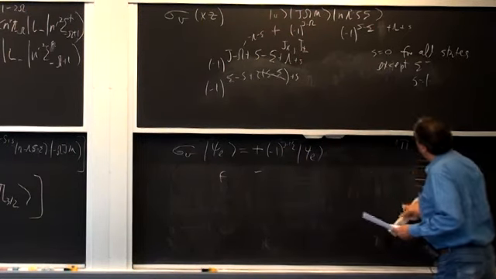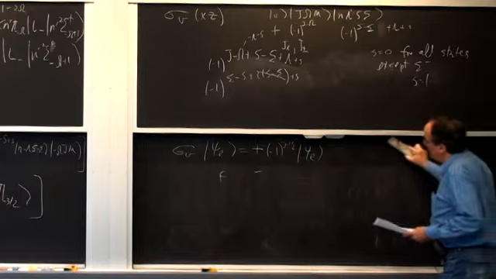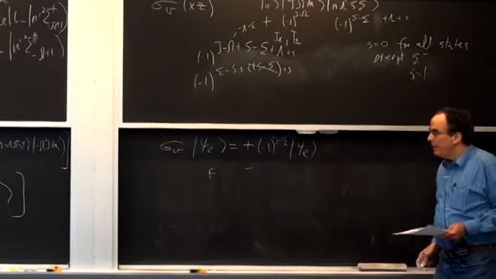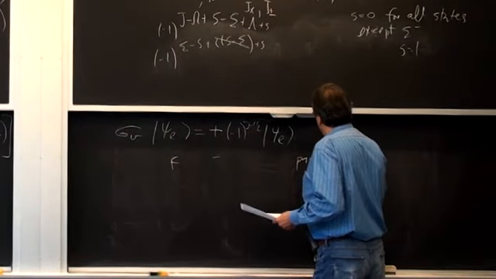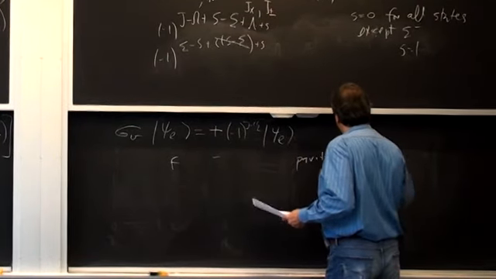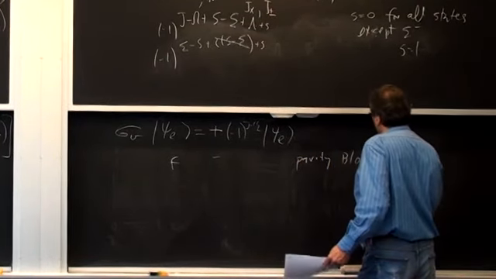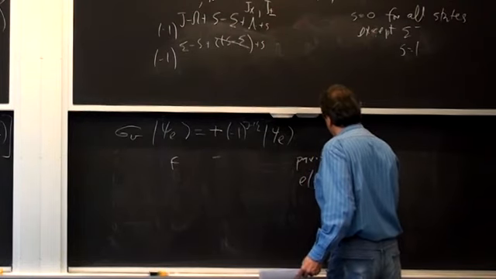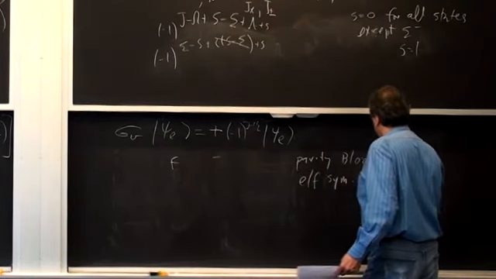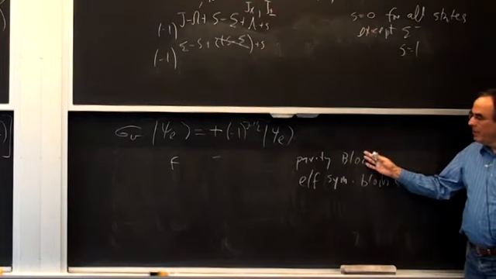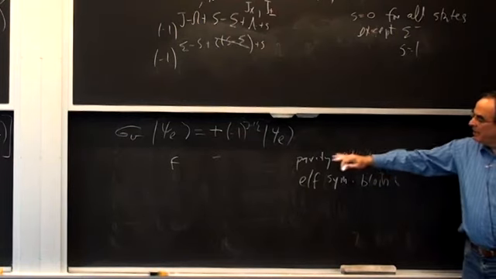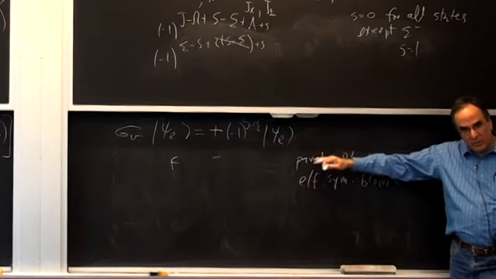So we can arrange the Hamiltonian either in parity blocks or in EF symmetry blocks. It doesn't matter because the J is always a good quantum number.